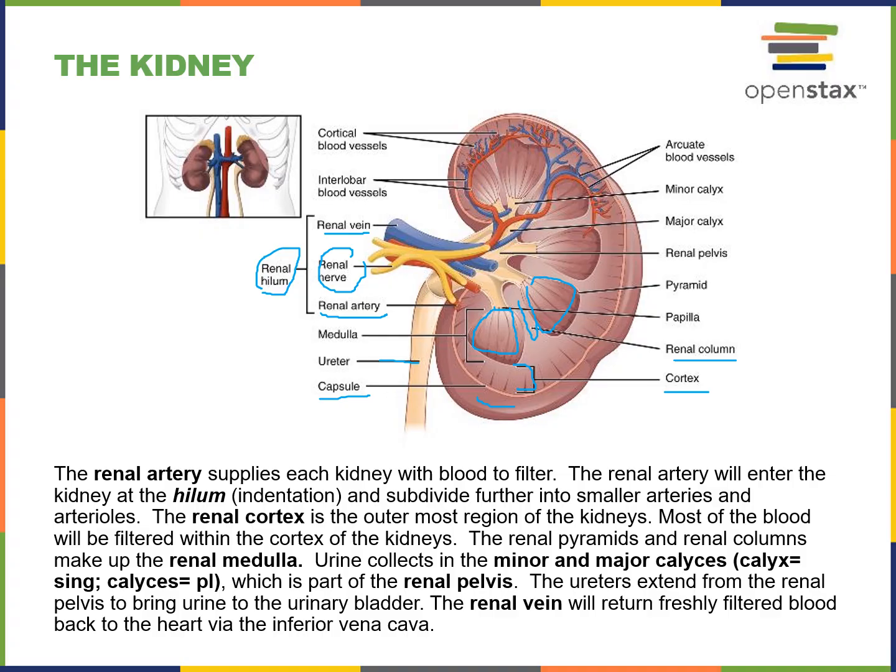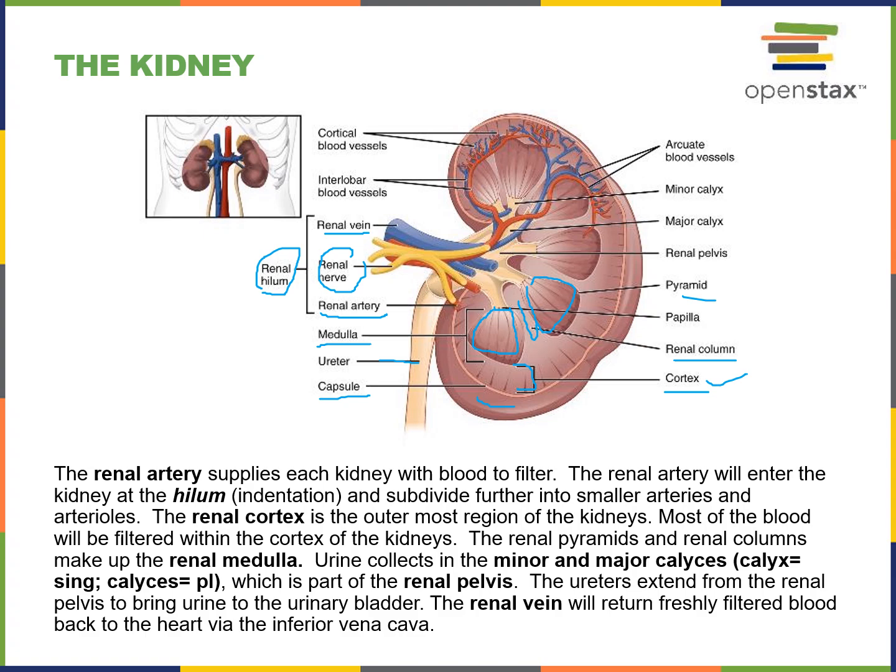The pyramids are in the medulla. Cortex is always the outermost region, because cortex means bark, like the bark on a tree, which is on the outside. Medulla means middle, so the renal pyramids are in the medulla.